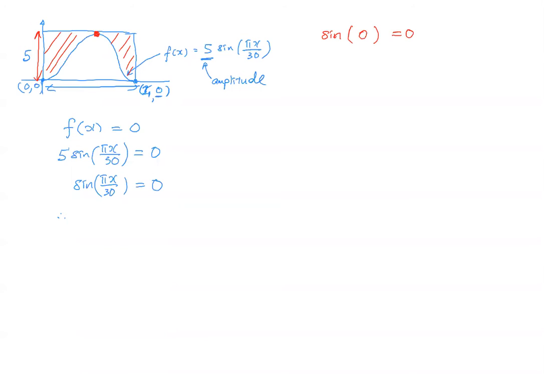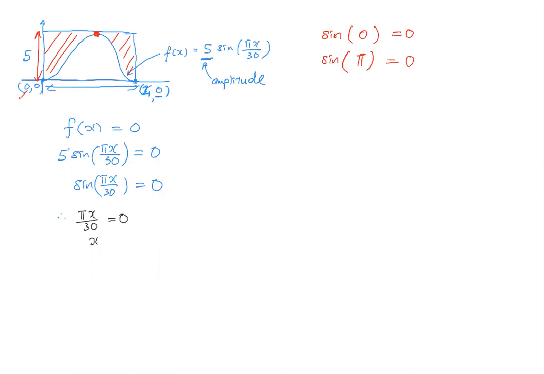This is one of them. Where is the other one? Pi. Yes. So the first one is here. So I will say pi x over 30 equal to 0.